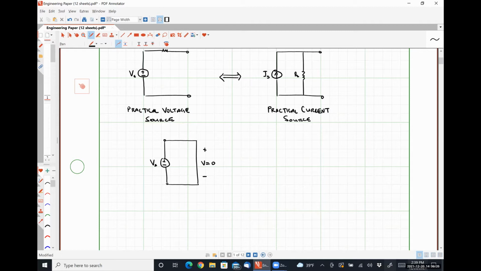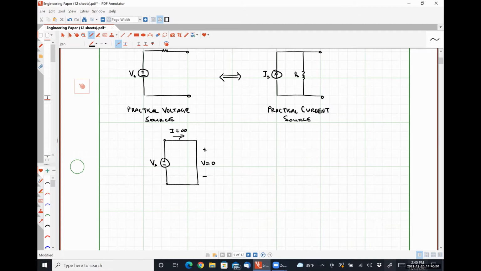And the only way for that to be true is if the current I is infinitely large. So if we put a resistor in series with that voltage source in our model, what it does is it restricts the amount of current that could possibly be supplied by that voltage source to some finite value, making it behave like a practical or real voltage source, okay?